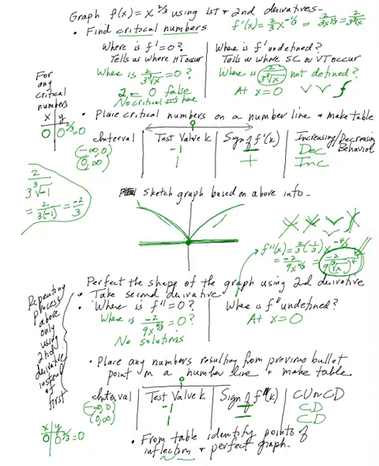Now let's go back to our original graph and see if we drew it right concerning our concavity. Oh, look. This is concave down, right? Remember, concave down means tangent lines are above the graph. The graph is below tangent lines.